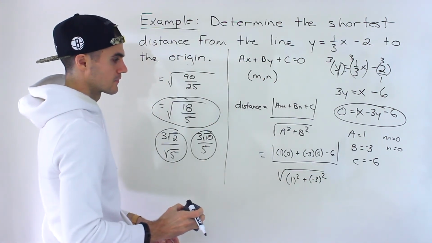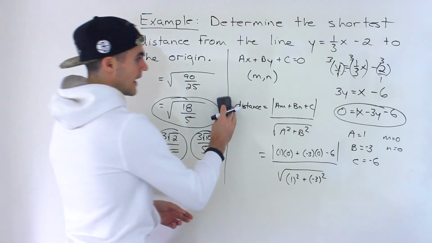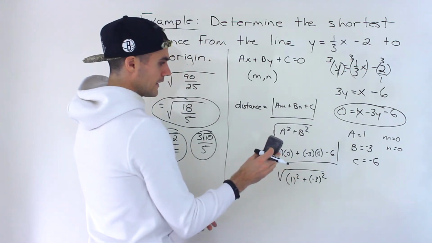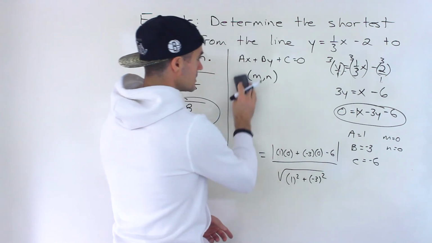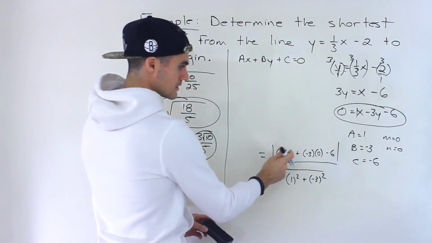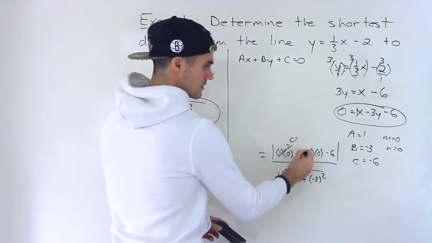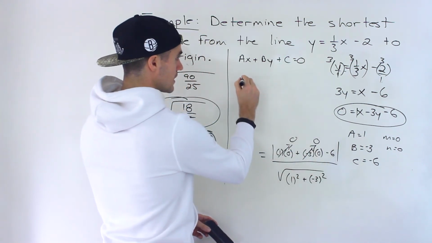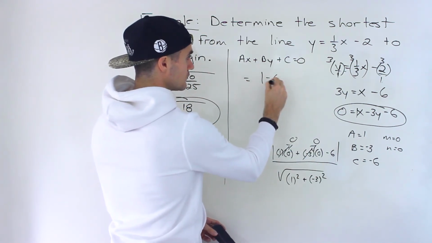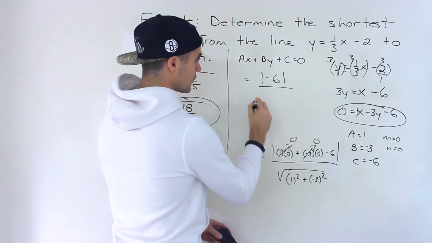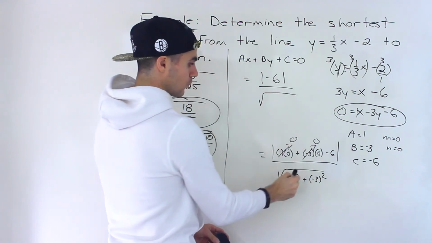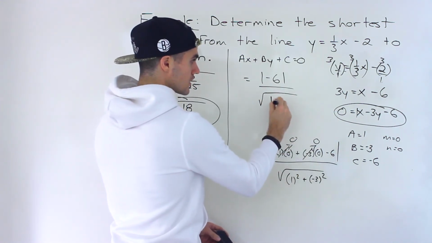What happens here is we just have to simplify this. This is 0. This is 0. So we just end up with the absolute value of -6 over the square root of 1 squared is 1, -3 squared is 9.